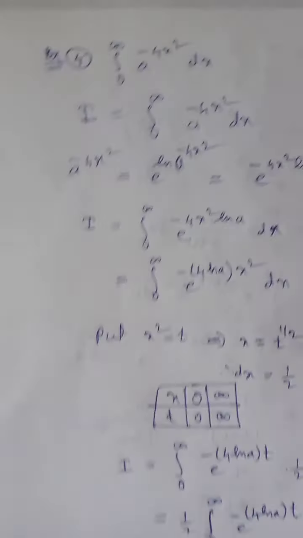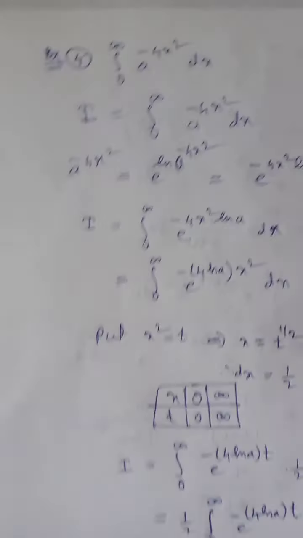So simplify this integrand function. So half outside from this, you'll get 0 to infinity, this is t e to the power minus h square t into t to the power minus half dt. So you'll get half 0 to infinity e to the power minus h square t into t to the power half dt.